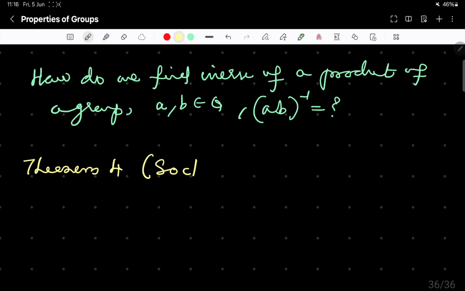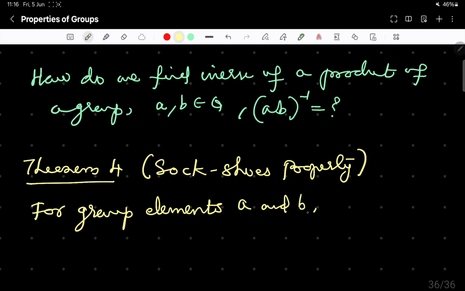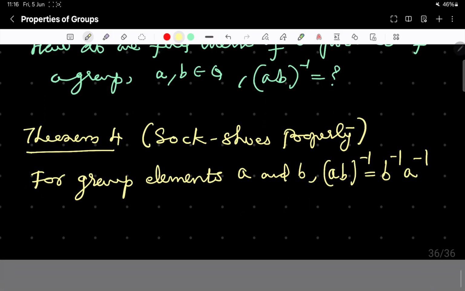We call it the socks and shoes property. I will explain why it is so. This tells you that for group elements A and B, AB inverse is equal to B inverse A inverse.